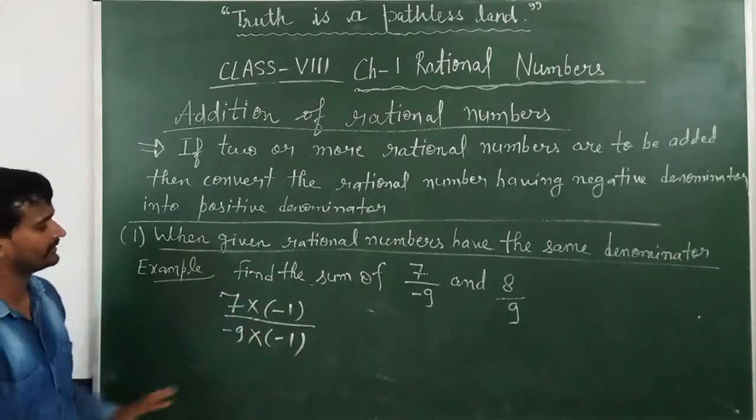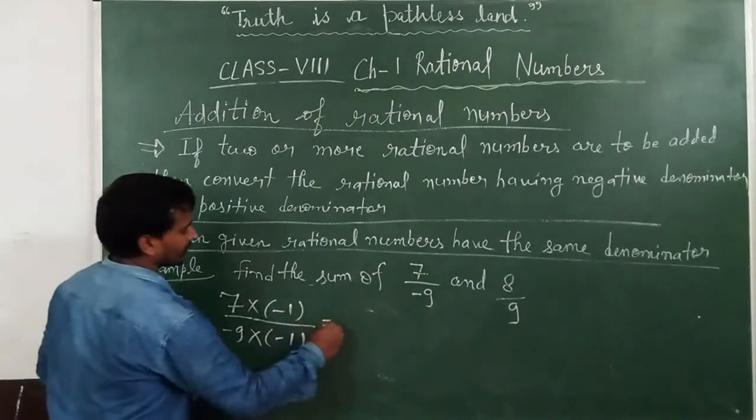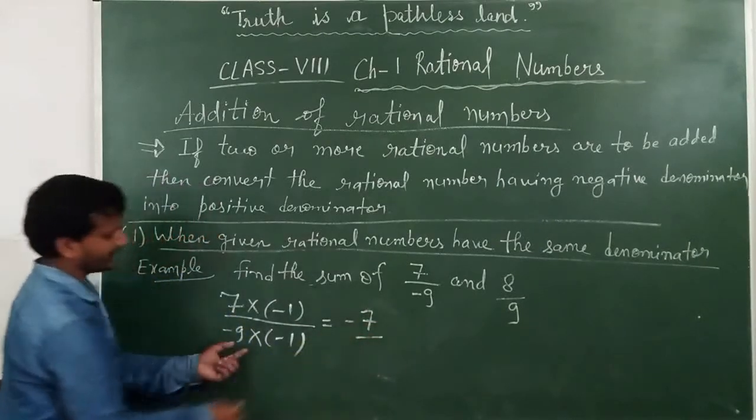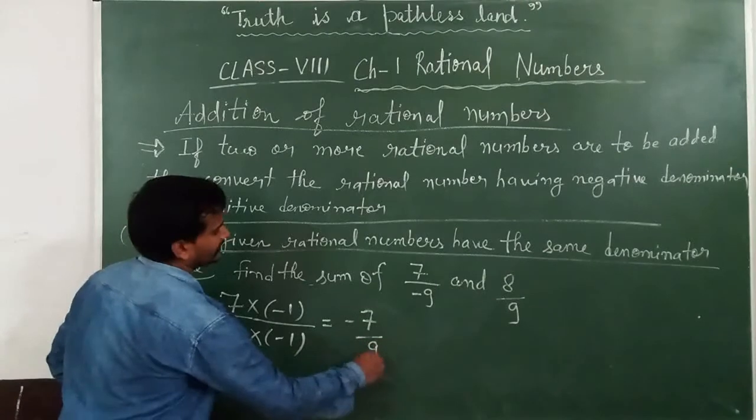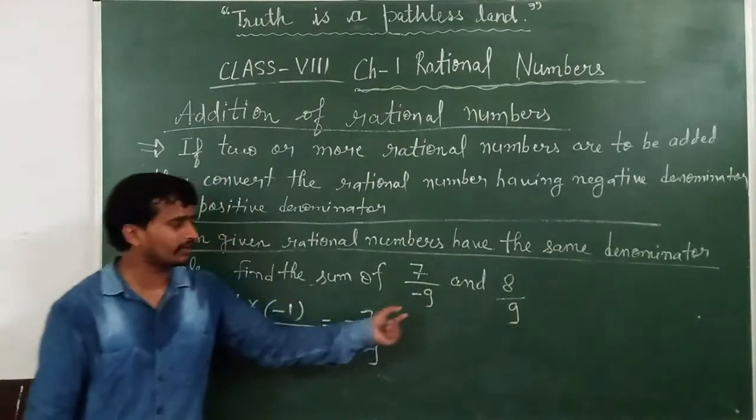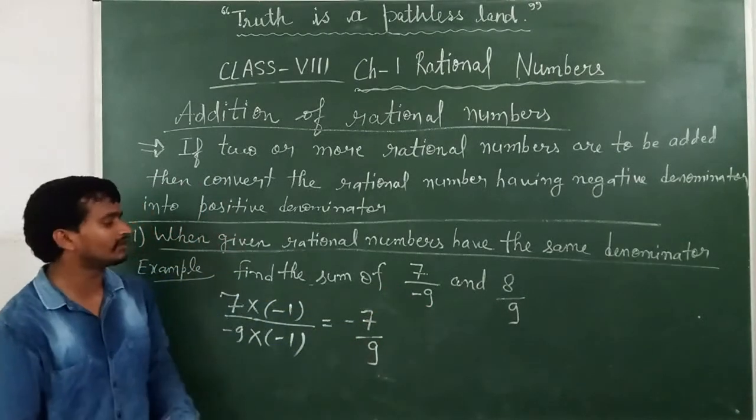It will become minus 7 and 9. Now the negative denominator changes into positive denominator.